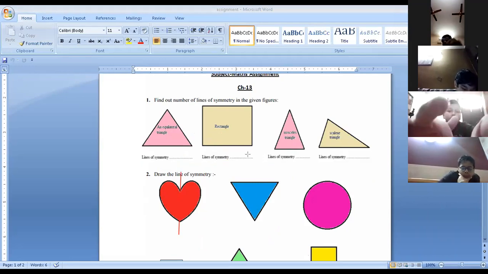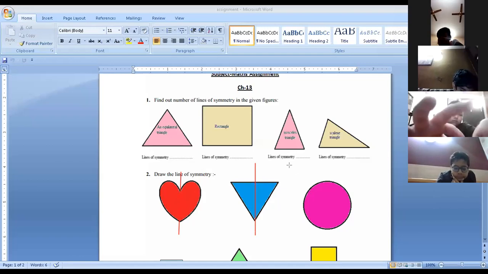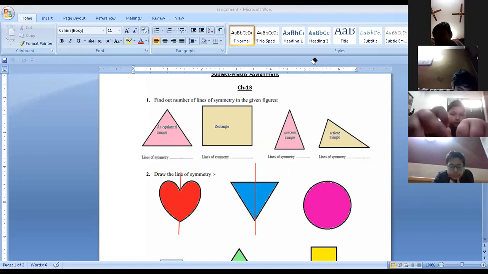And this one you can see is an equilateral triangle. All the sides are equal. So you can draw three lines of symmetry here, not two. Three lines of symmetry you can draw in this figure.